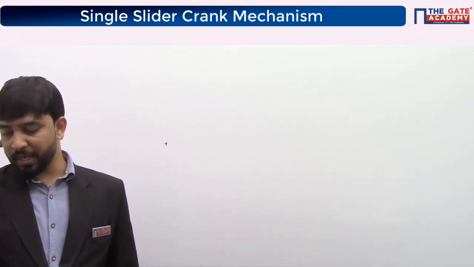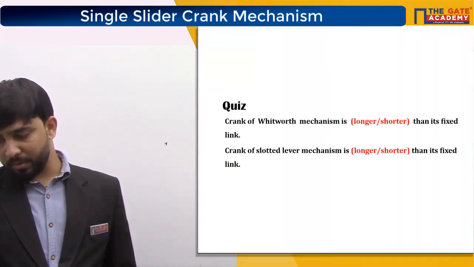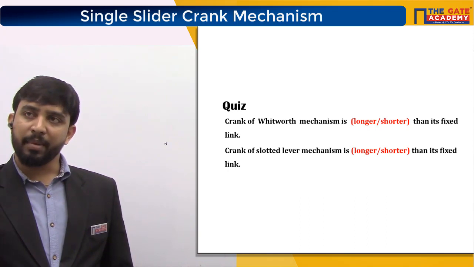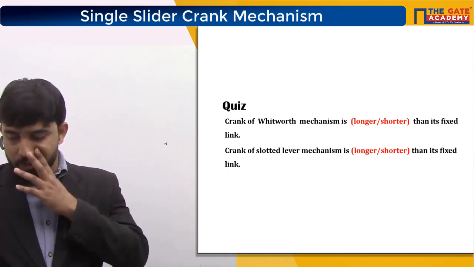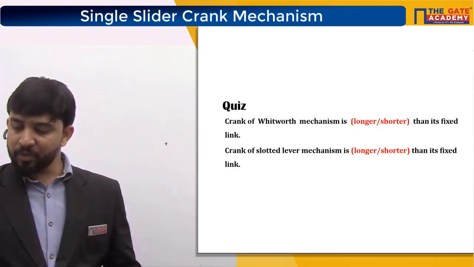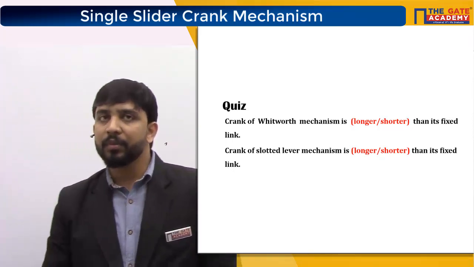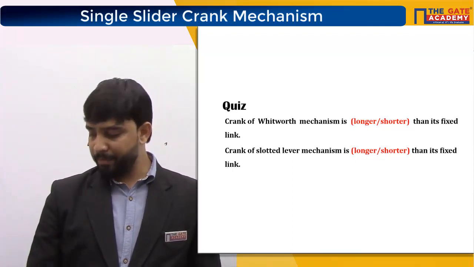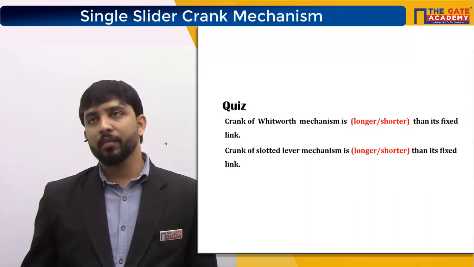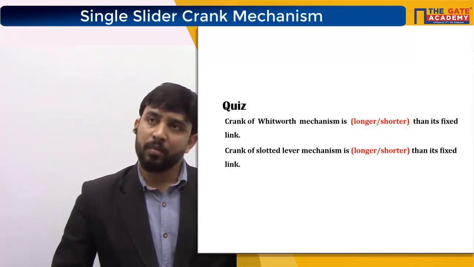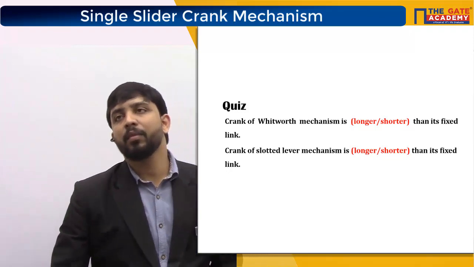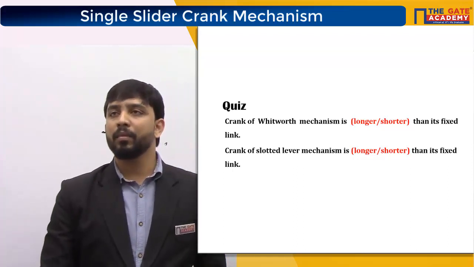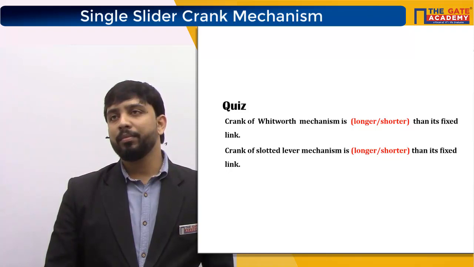You can see the crank positions are given. When the crank rotates by 90 plus alpha, then you will have maximum velocity. So for the Whitworth mechanism, is the crank longer or the fixed link longer?